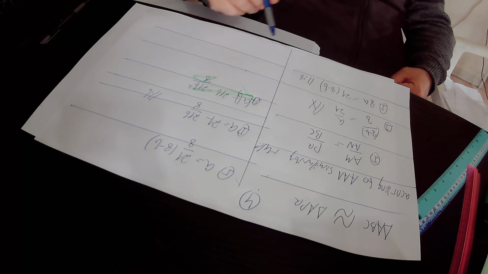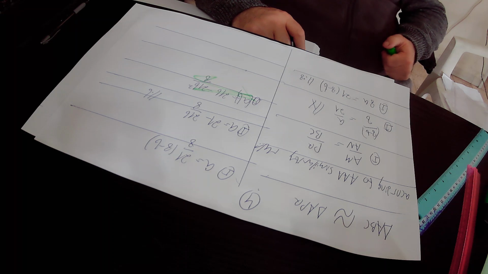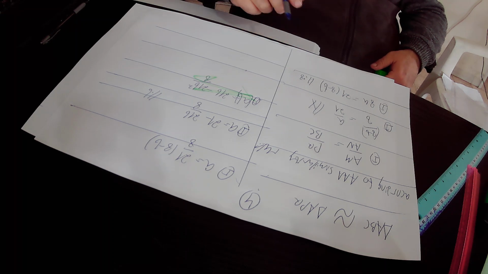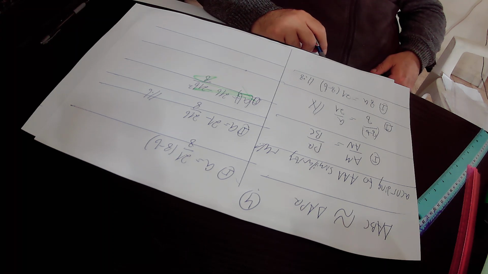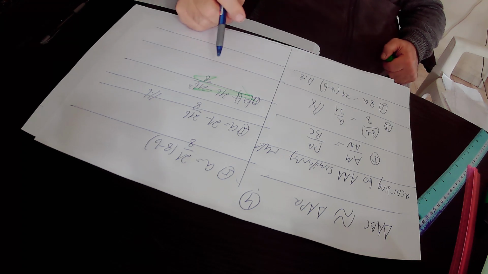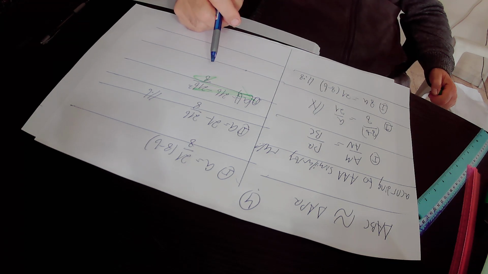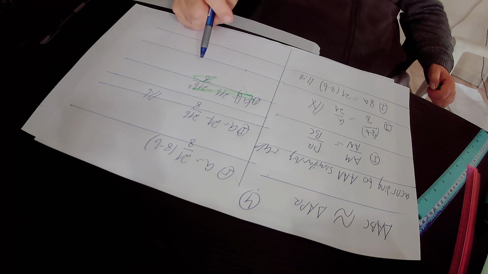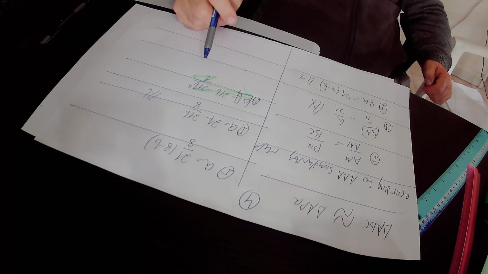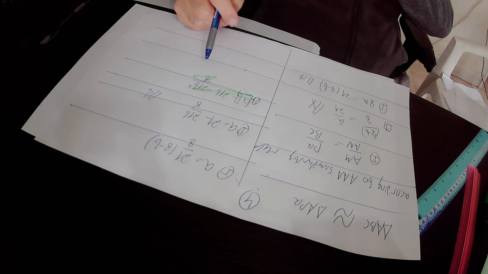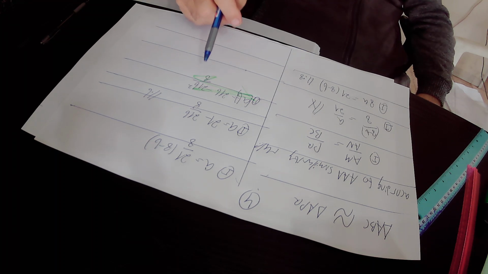So in order to find the maximum value of A times B, we will differentiate this function area, and we will equate the derivative to 0. By doing this operation, we will get the extreme points of this function area.